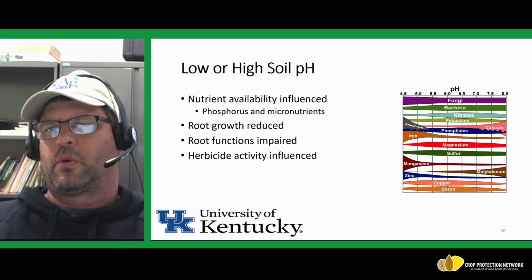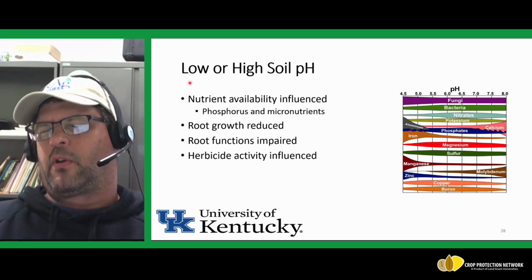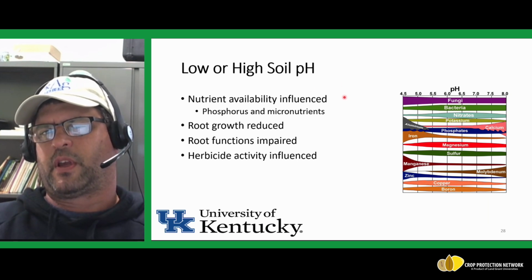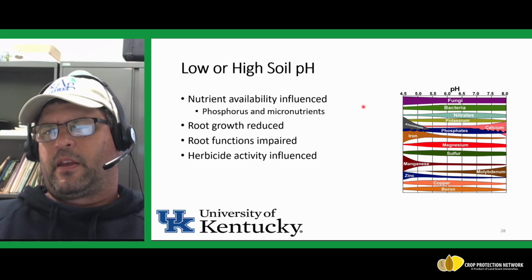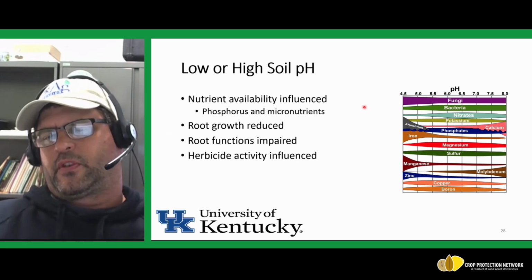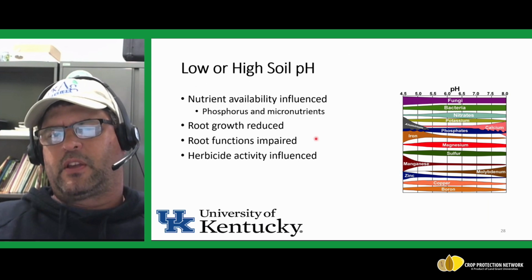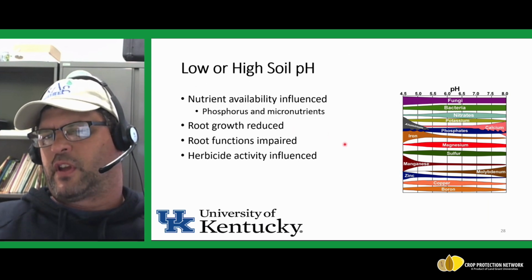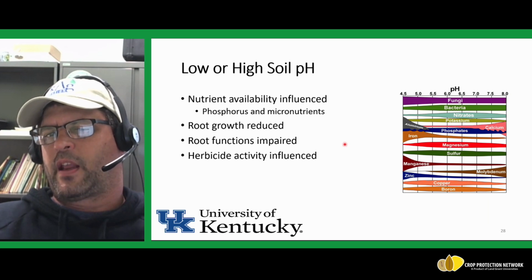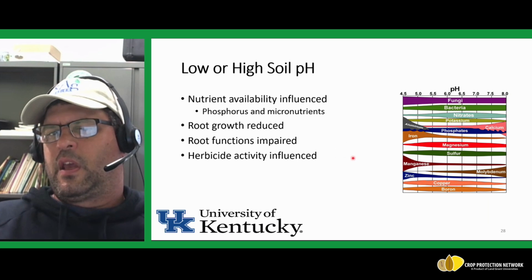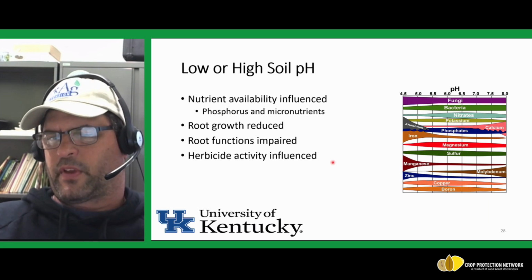If your pH is too low or too high, it limits nutrient uptake, especially for phosphorus and a lot of your micronutrients. Low or high soil pH can also reduce root growth and impair root functions. They don't make as many small, fine hairs, the ones that do the heavy lifting for nutrient uptake. And it can also influence herbicide activity.